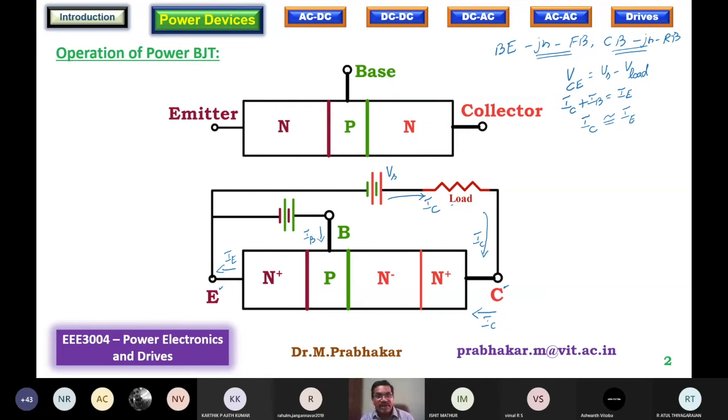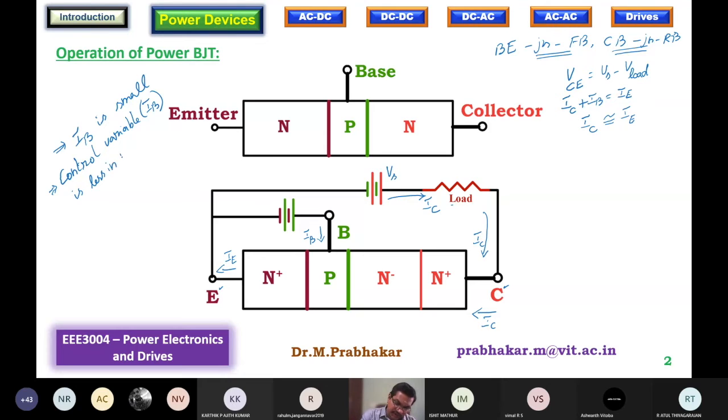In a power BJT also, the base current IB is small, which means the control variable is IB. The control variable is less in magnitude.